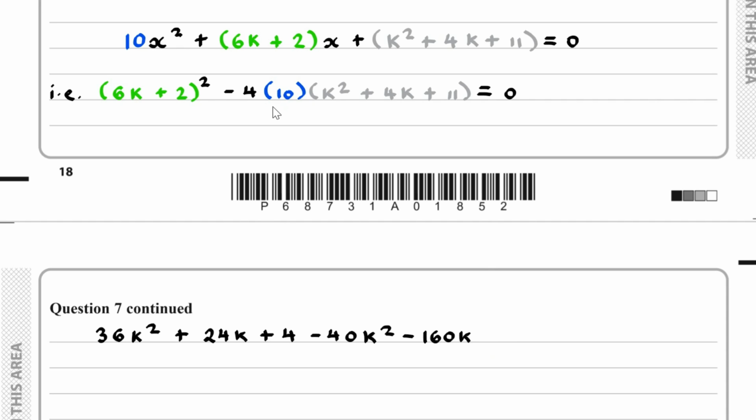And then here we've got 4 times 11 times 10, which is minus 440, and all of this is equal to 0.